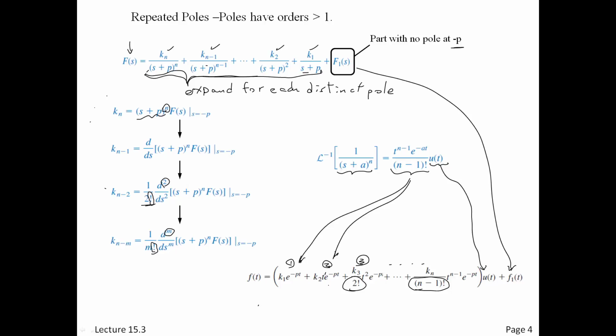So you can sort of forget that it's there, but it's there and the pieces are all there. So you can see for repeated poles, the same good deal applied to us. All right, so let's go on now to complex poles and see what we have there.